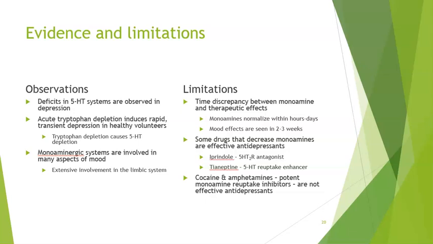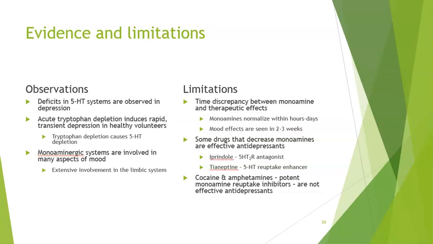And then we've got tianeptine. This is a serotonin reuptake enhancer, so the serotonin is not staying in the synapse as long as it would have. And yet, for some reason, this is helping with depressed patients, which is the opposite of what the traditional antidepressants do, like SSRIs or MAOIs.